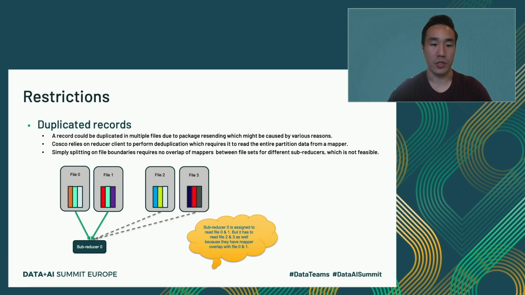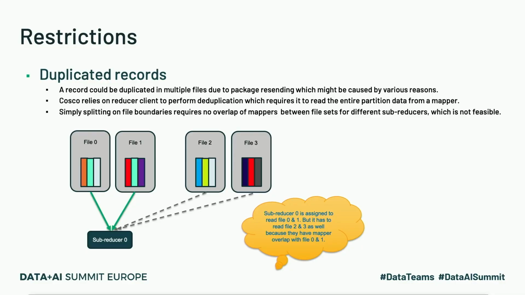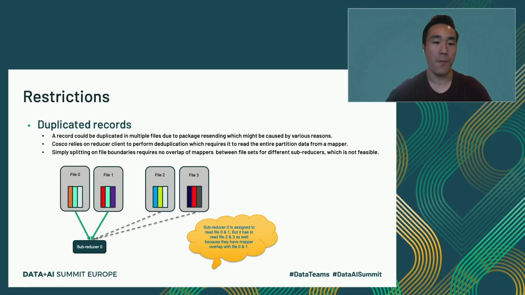The main restriction on performing file boundary splitting is duplication. Basically, the shuffle data from the Cosco shuffle service is likely to contain duplicated records due to packages resent by mappers, which might be caused by various reasons. To deduplicate such packages, the Cosco reducer client would either perform a merge sort or keep a hash map.